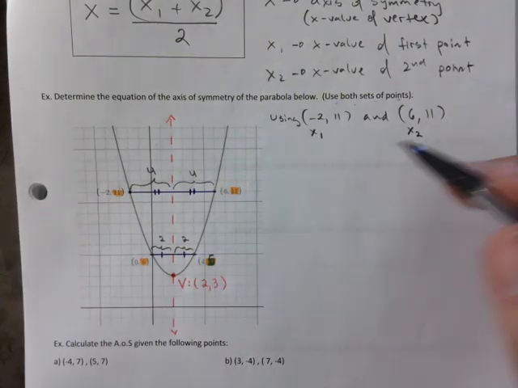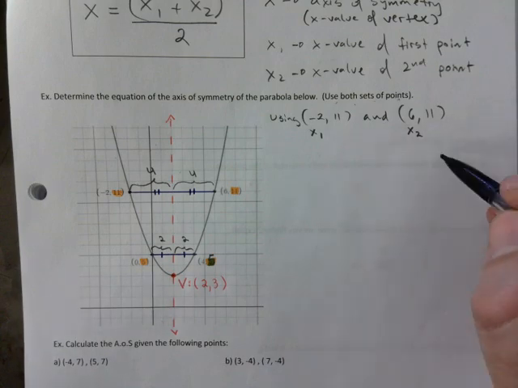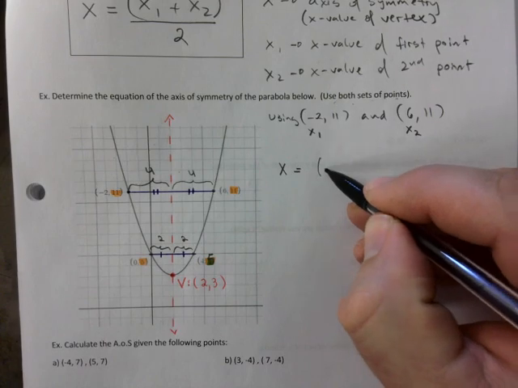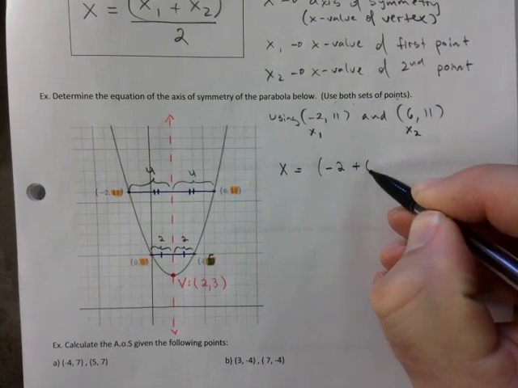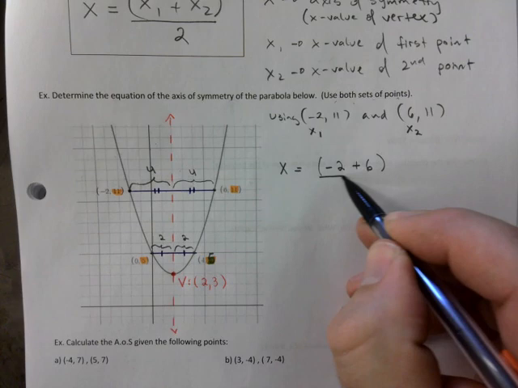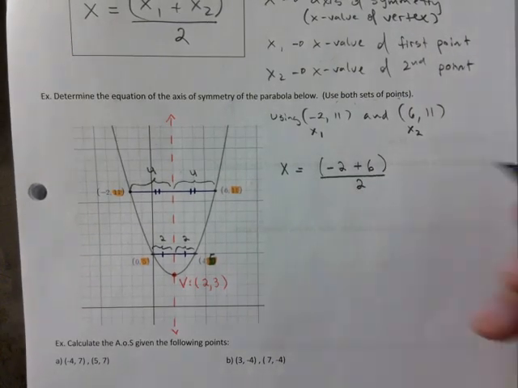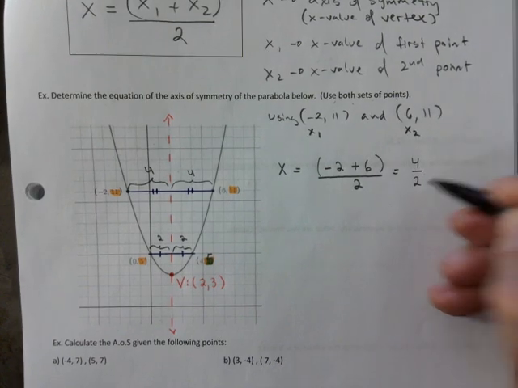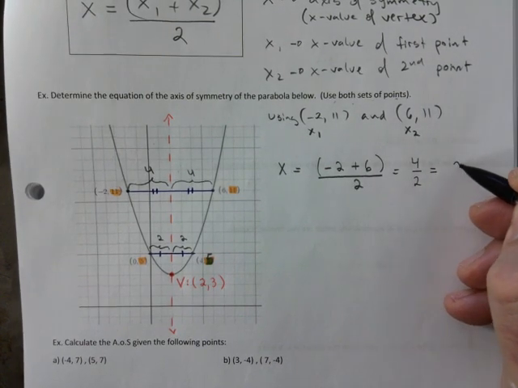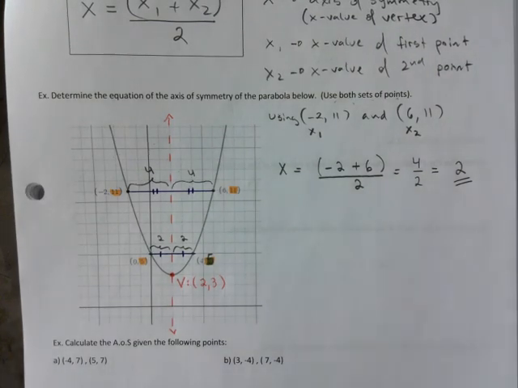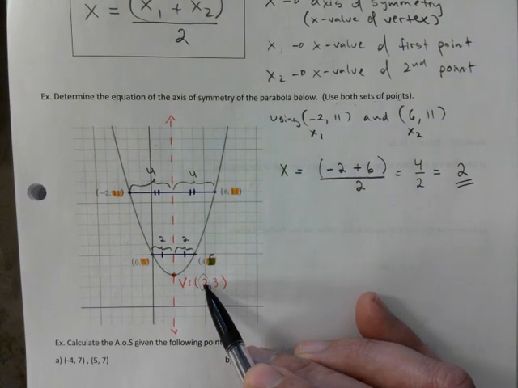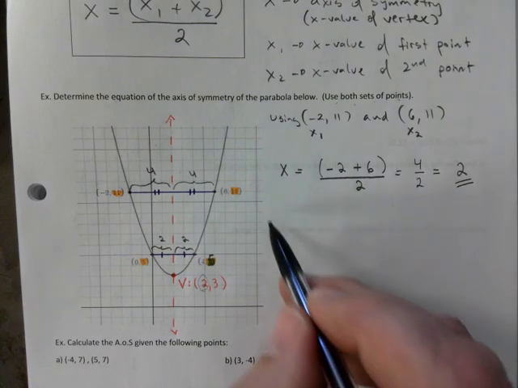Same idea, but we're just interested in the x values. So to find the axis of symmetry, we would go -2 plus 6 divided by 2. -2 plus 6 is 4. Divided by 2 is 2. So the axis of symmetry is 2, which we knew. Look at this, our vertex has a 2 and same here.